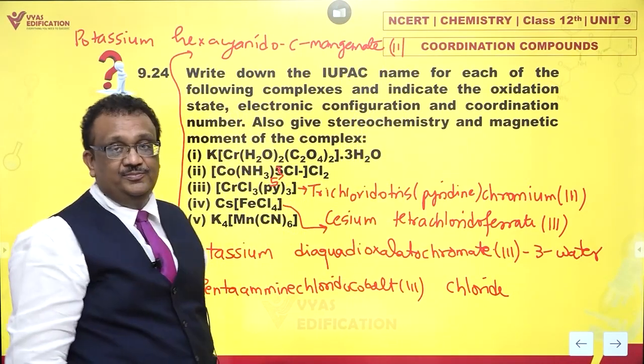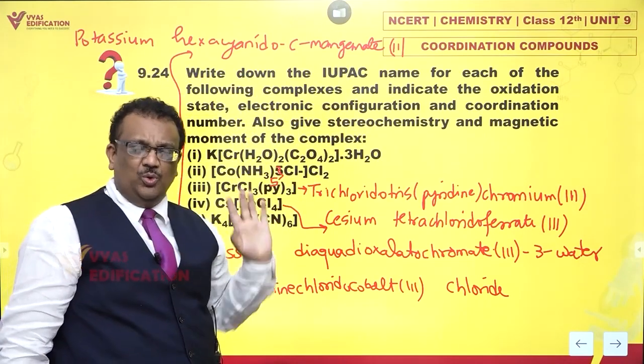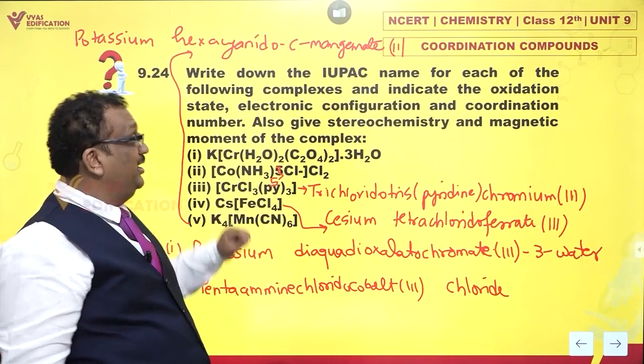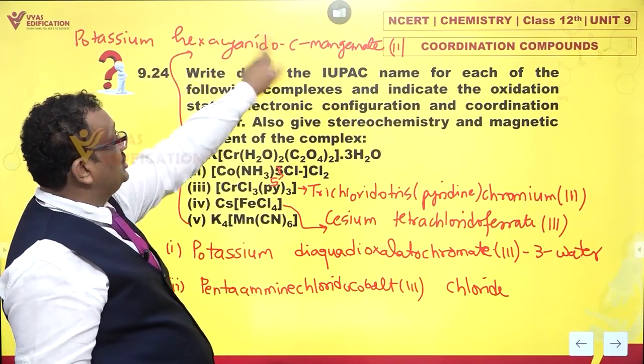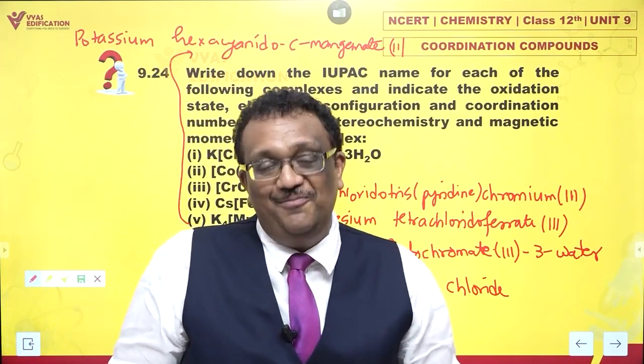Manganate 2. Why C? Because cyanide is an ambidentate ligand and sometimes people skip it. Even if you have written potassium hexacyanido manganate 2, it's okay. But if you want to be very accurate, it is best to mention hexacyanido C, manganate 2. These are the names.